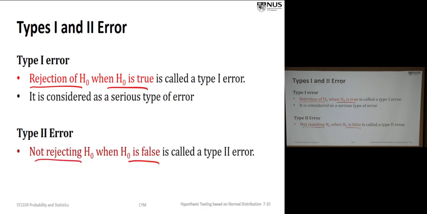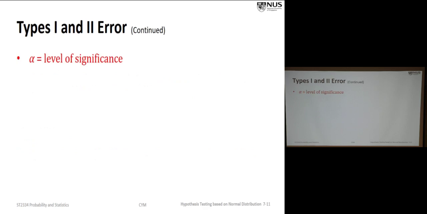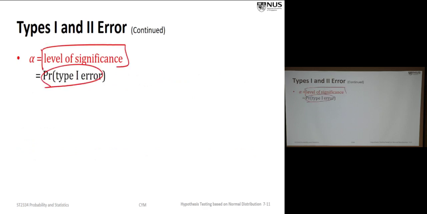And the probability of committing a type 1 error is called the level of significance. You may have heard about it. It usually is set at 5%. So in other words, the test procedure, based on which we make the decision, has something to do with this level of significance. We have to set this one.